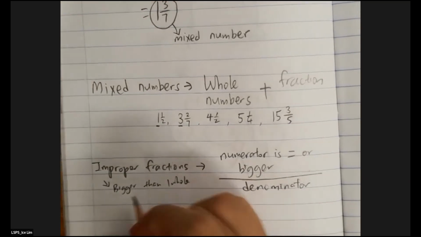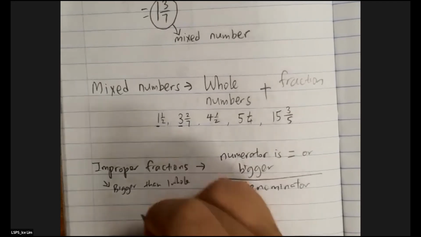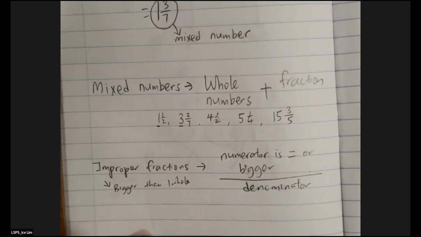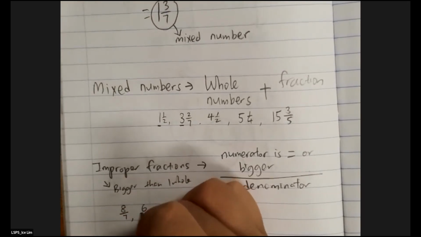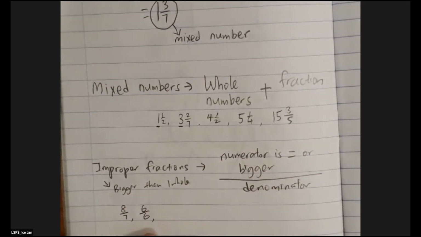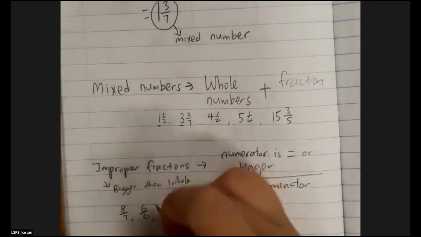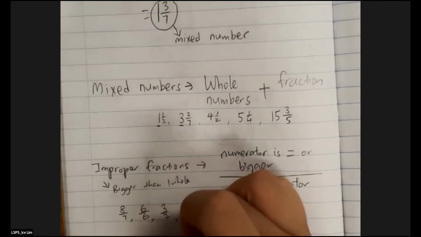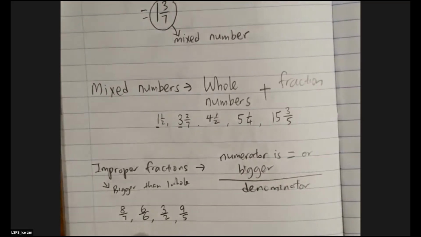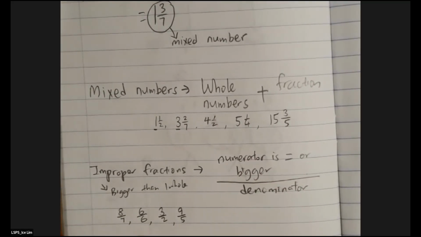For example, just now in our workbook, we had 8/7. Even 6/6 was considered improper because the numerator equals the denominator. We had 3/2, and we also had 9/5. Any other examples? An example of the improper fractions.